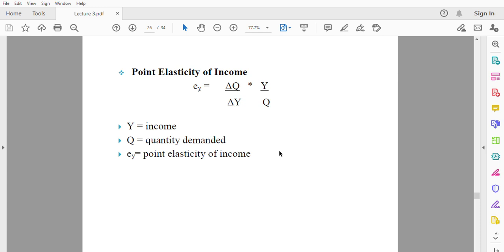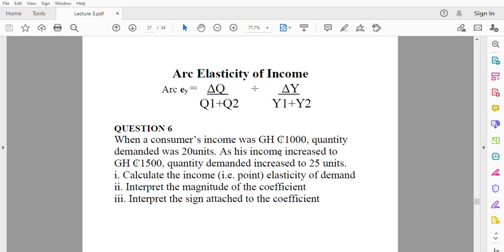With examples we've solved in point elasticity of demand and point cross elasticity of demand and others, I believe with that understanding you can always solve a question on point elasticity of income. Now let's look at arc elasticity of income also.